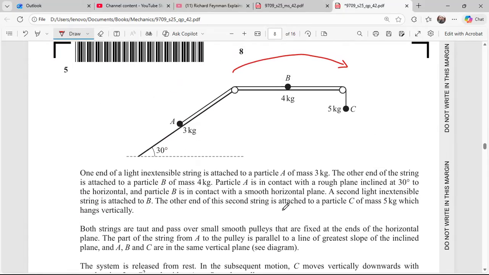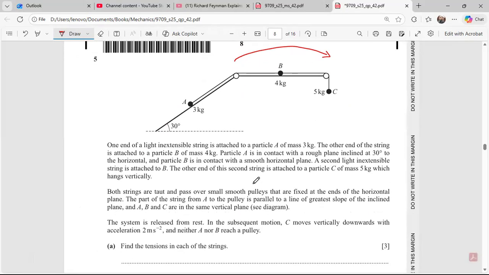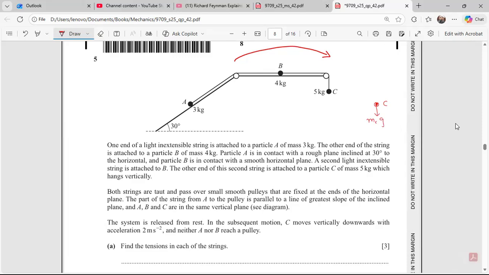We have to find the tension in each of the strings. So let me make it a little small. I will start with this last string. You see this object C has its weight, M of C G, acting downward, and the force acting upward is the tension.